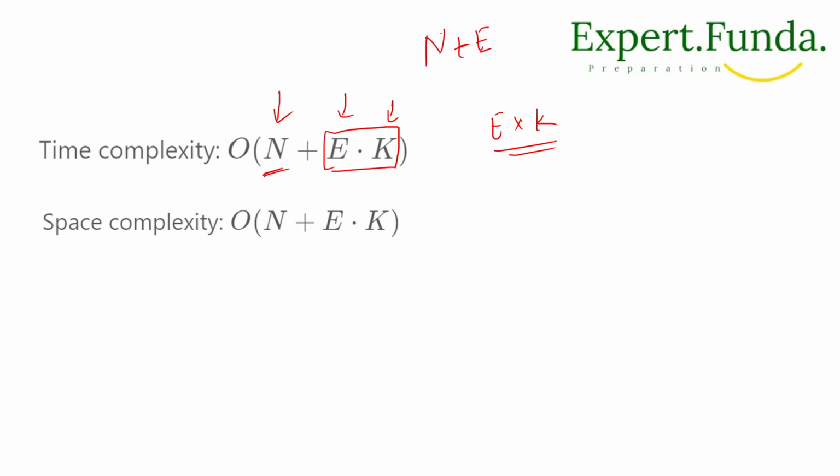But in this case we have to check the factor k also, and that's why it is n plus e into k. In the worst case it will be the maximum; in the best case it will be the minimum, say k is 1 or 0, so the number of steps will be n only. Similarly for the space, we maintain n, and for all k there will be the adjacency list, which will take a hash map, and that's why we take extra space like that.